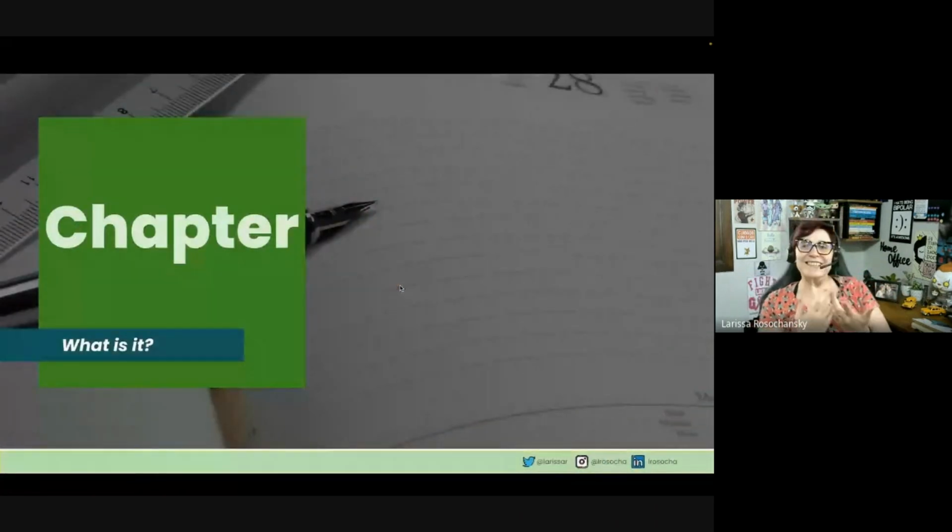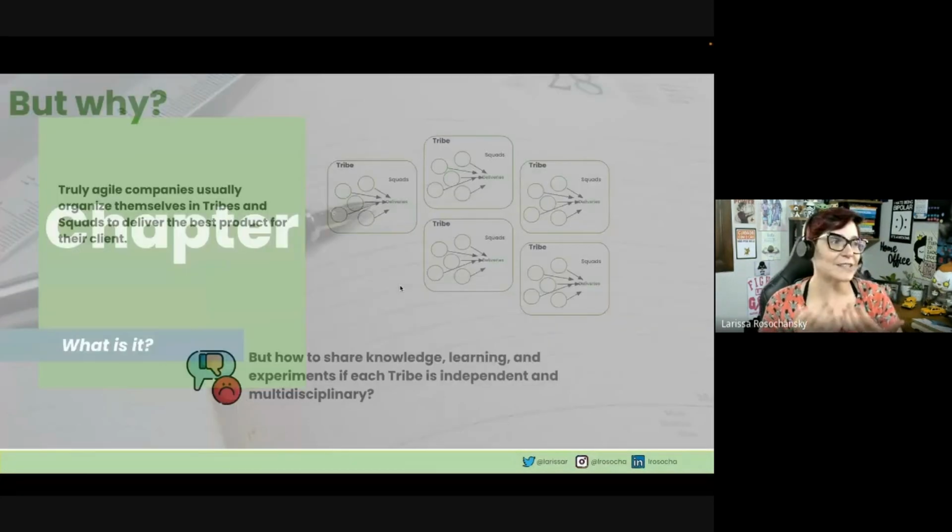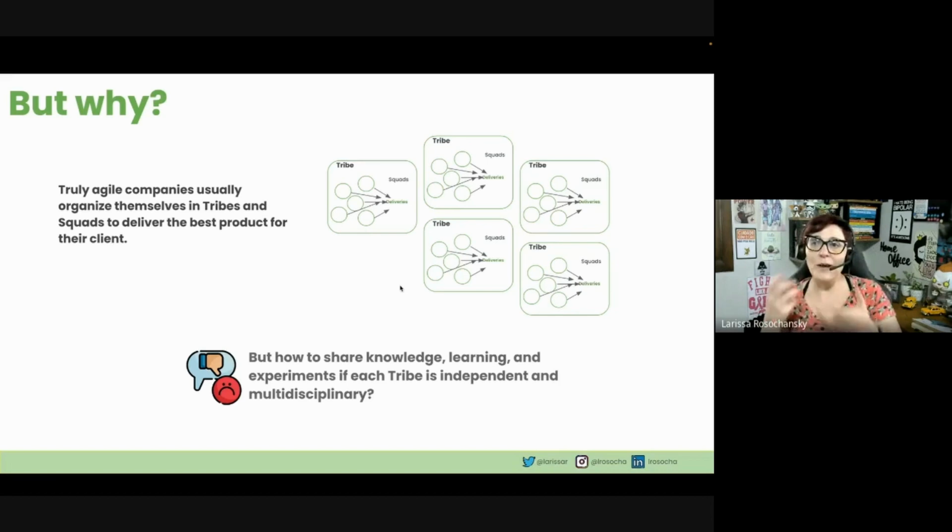So, what is a chapter? I think we need to understand a little bit what a chapter is. When we work in a truly agile company, and by that I mean the whole company works in squads, in tribes, so the whole company is working independently.